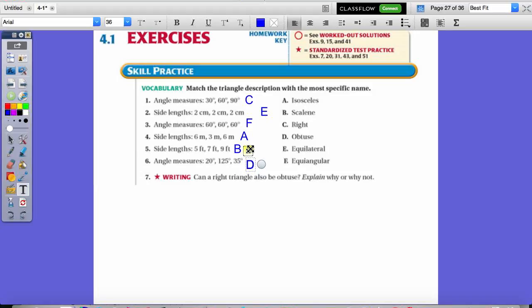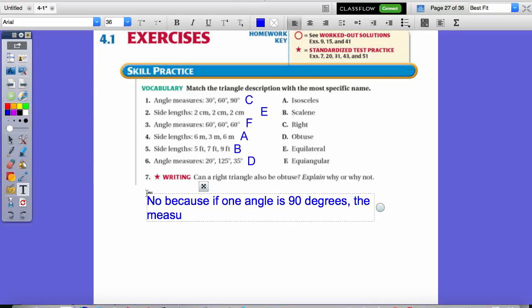And then writing. Can a right triangle also be obtuse? The answer is going to be, and I'll type it here, first of all, no. Because if one angle is 90 degrees, the measure of the other 2 angles has to add up to 90 degrees.